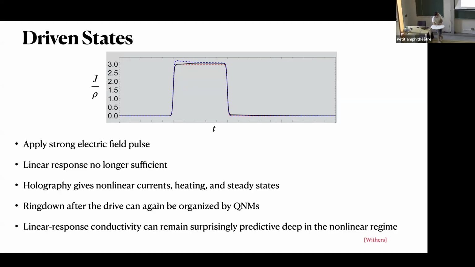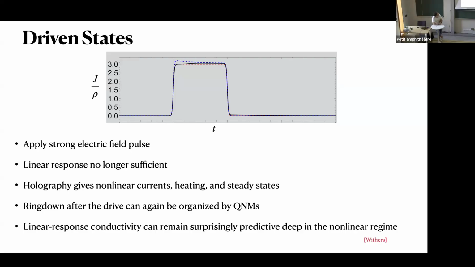One of the things that Ben has done is take one of these theories and introduce a pulse for an electric field from the boundary point of view. What I'm plotting here is the response of the electric current. This is the nonlinear response. As you can see, the current is almost tracking what the electric field is doing.